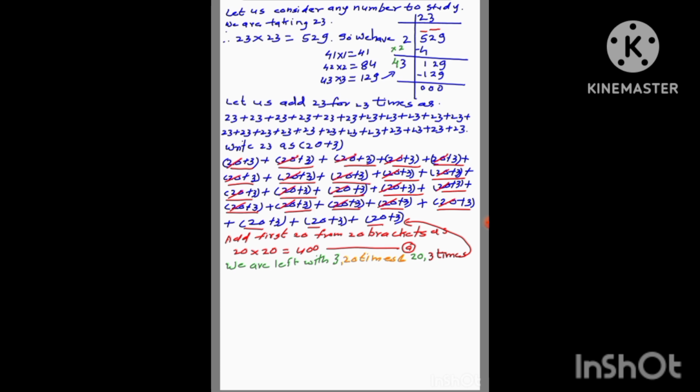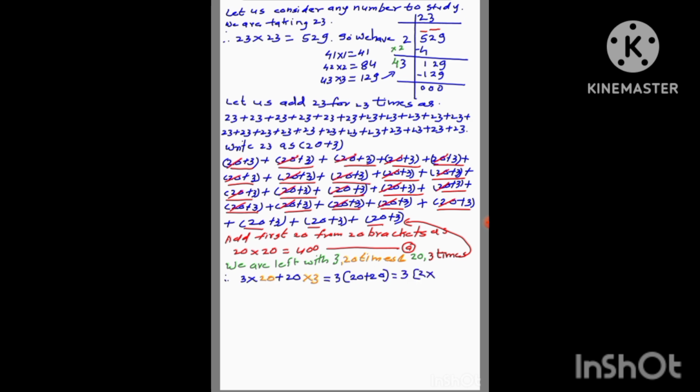So we are writing this in a mathematical form. I am writing it as 3 into 20, because we have taken 3 plus 3 plus 3, 20 times, plus 20 into 3. This is the fun of this method, that you always get such two numbers. The first 20 represents how many times 3 occurs, and the second 3 represents how many times 20 occurs.